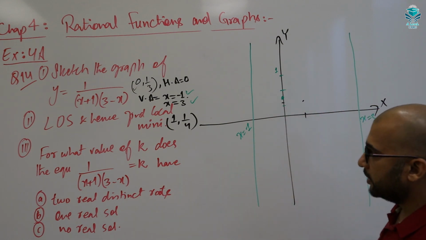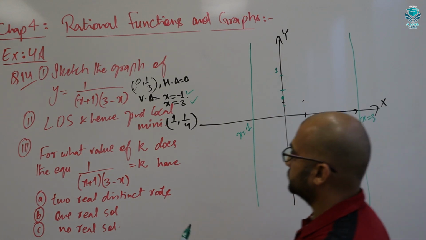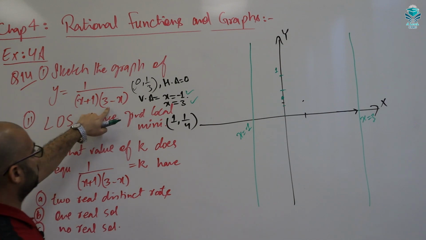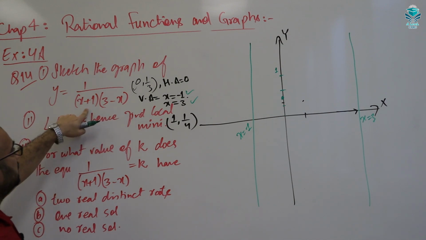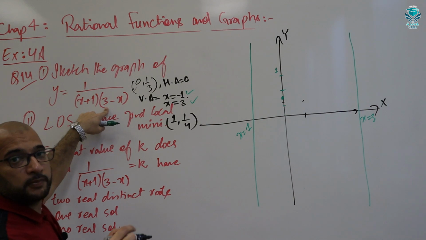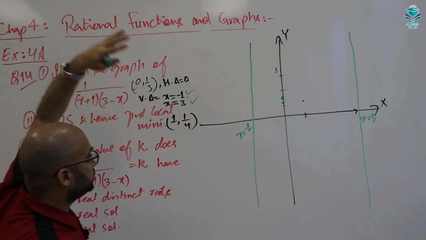Students, when you approach 3 from the left side, the value will be less than 3, and you have positive. Positive means when you are very close to 3, the denominator approaches 0, but positive 0, which means y approaches infinity.